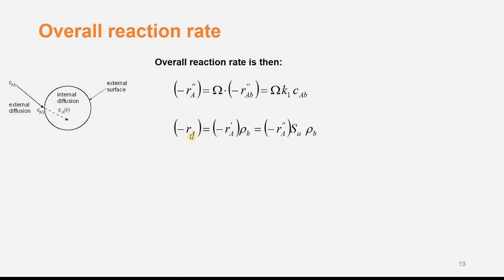So negative R_A prime is S_A times negative R_A double prime. Then negative R_A, which is per cubic meter of bed, is rho B, the catalyst bed density, so the units are kilograms of catalyst per cubic meter of bed, times negative R_A prime, which is per kilogram of catalyst.